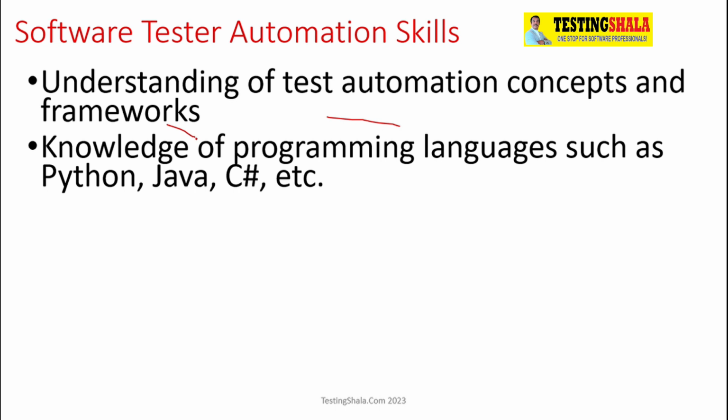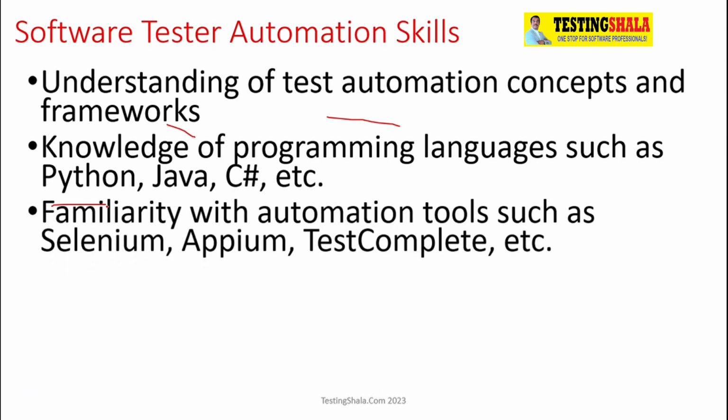The programming languages can be shell script, Python, Java, C++, C Sharp, etc. If you become an expert in at least one of the programming languages, then it is very good to become a test automation engineer.